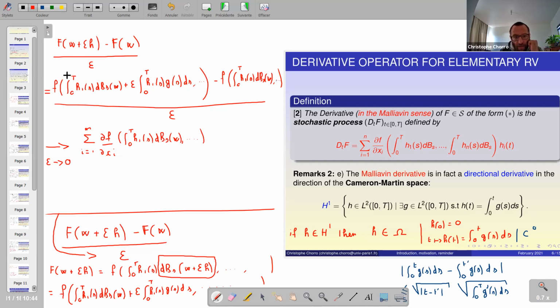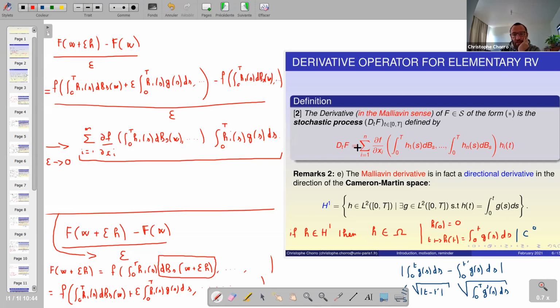And here I have simply a linear mapping in epsilon, so the derivative in epsilon is just this term. For the i-th component, it will be the integral between 0 and capital T, hi of s, g of s, ds. So my directional derivative in the direction of h is given by this expression.